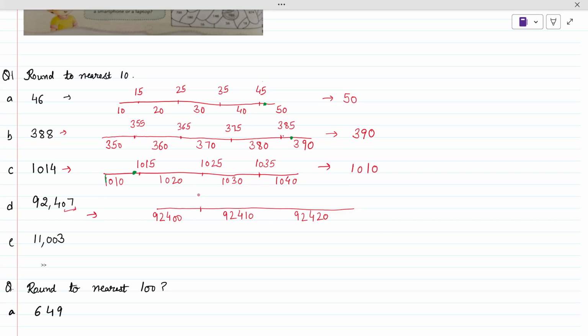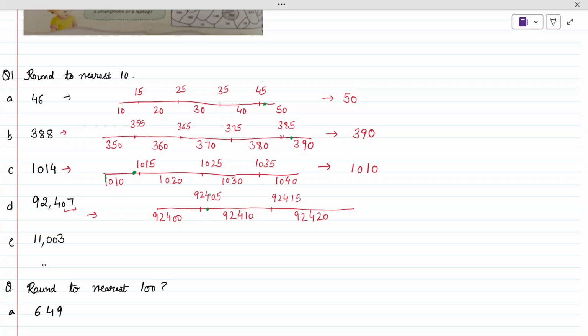So the midpoint of this will be 92405 and iska 92415. Again हमें यहाँ पे नंबर दिया है 92407 which will lie somewhere here, 405 के बाद.